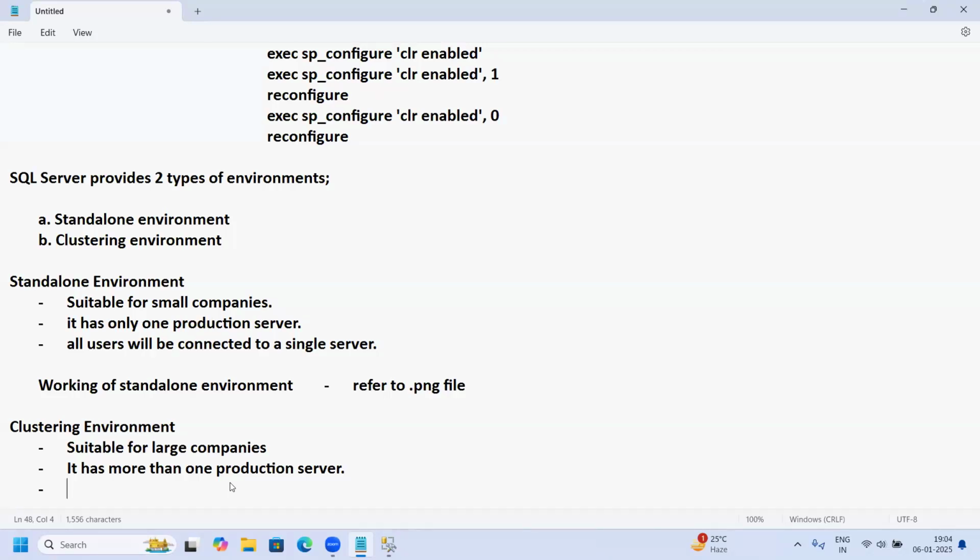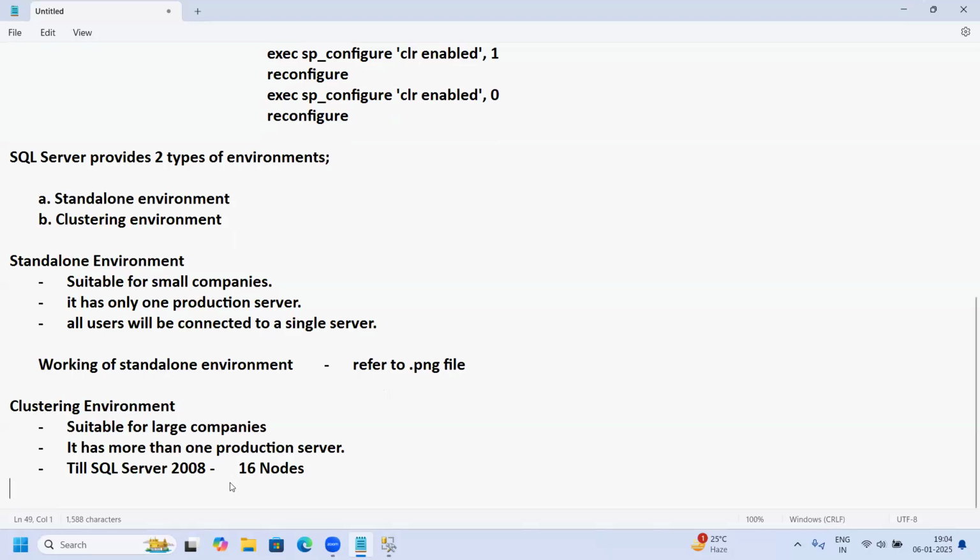Depending on the version. Till SQL Server 2008, we used to have 16, more than one production server. So how many production servers did we used to have? 16. And we used to call them 16 nodes. And then what has Microsoft done?